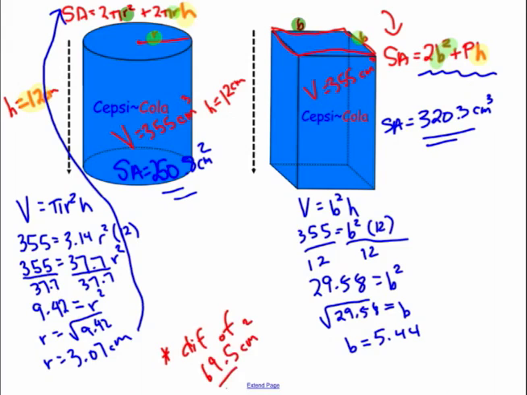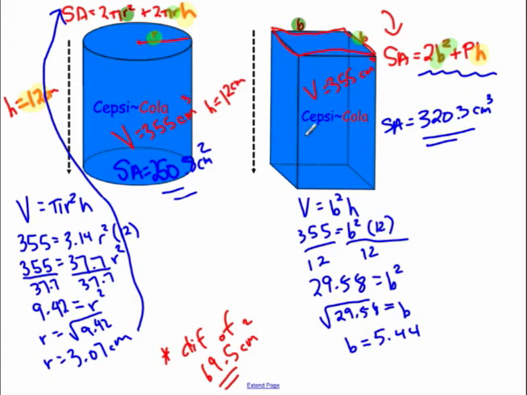Now think about that. How much surface area is that? That's just for one can. But let's say Pepsi Cola, we have over 30 million people in Canada. Let's say each day there are 1 million cans consumed.